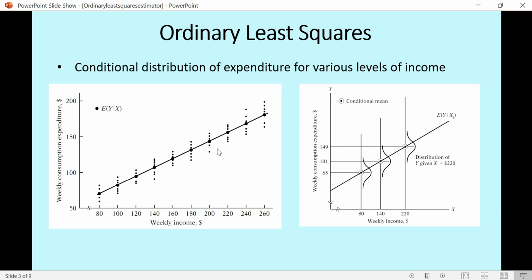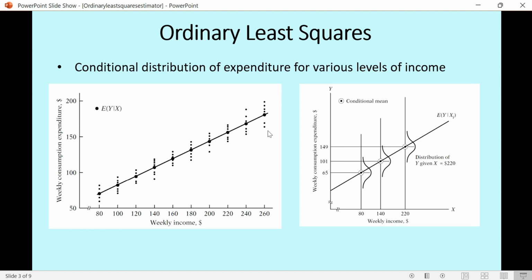So we can only estimate the sample regression function line. Each point on this straight line gives, for a given x, the conditional mean value of y. So we can only estimate the conditional mean of y from a given xi.